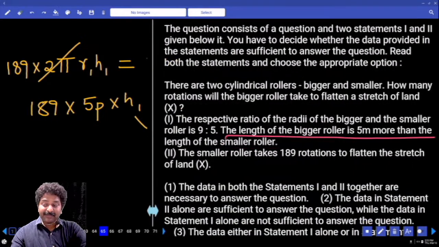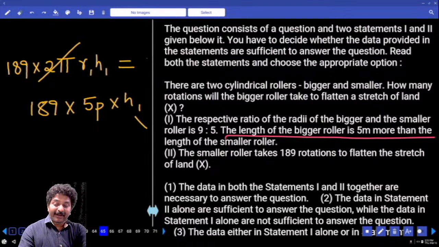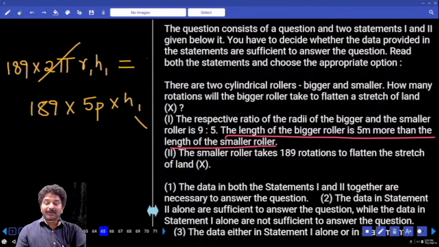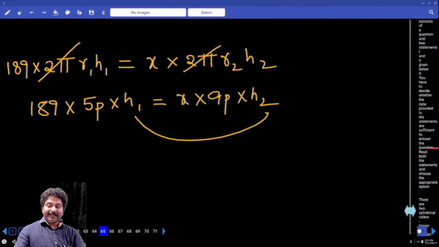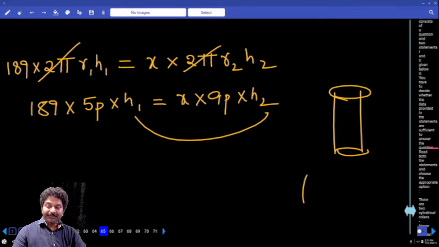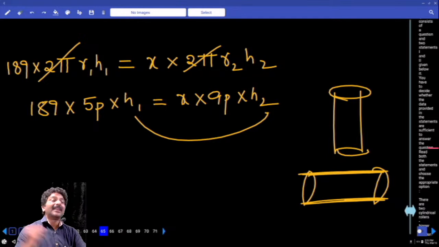The length of the bigger roller is 5 meters more than the length of the smaller roller. See, if you take the cylinder, this is height. If you consider it as a roller, the same is called length. So, with respect to cylinder, it is height. But with respect to roller, the same is length.